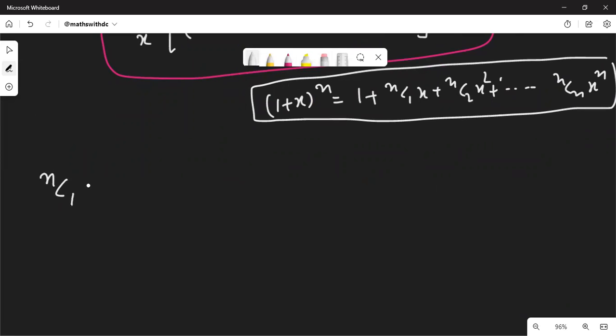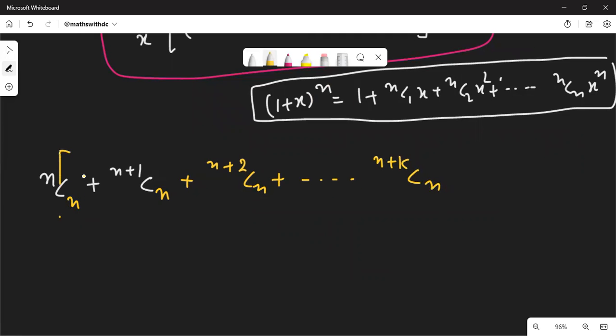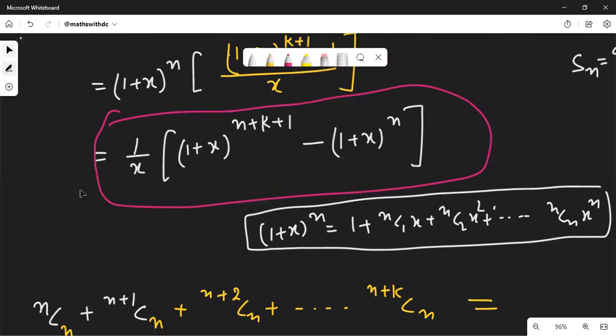We are getting nCn, n plus 1 Cn, n plus 2 Cn, plus it is going like that, and it is going up to n plus k Cn. And the value of this thing only we were asked. So this should be equal to the coefficient of x to power n in this.